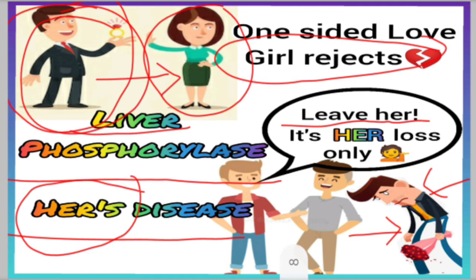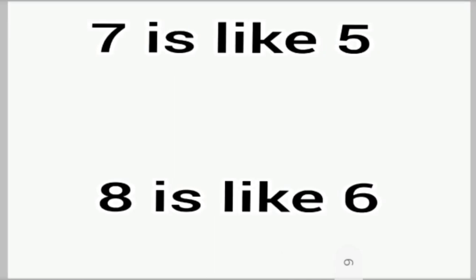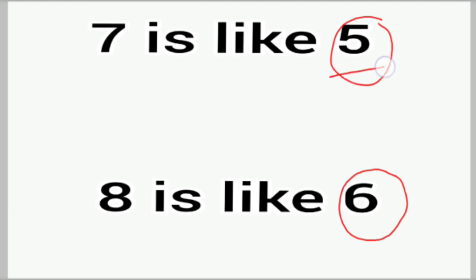Now let's move forward. Now for the 7th and 8th, which we said are 2 more diseases in the glycogen disorders. For these, 7 is like number 5, and 8th one is like number 6. So odd is for odd and even is for even. Now you tell me which was the enzyme deficient in number 5.